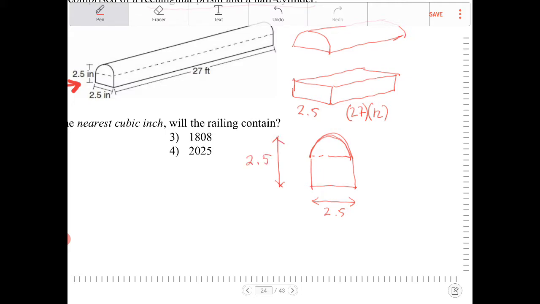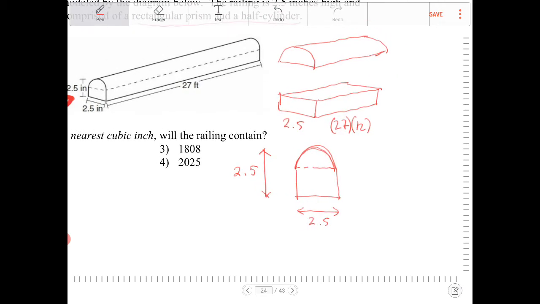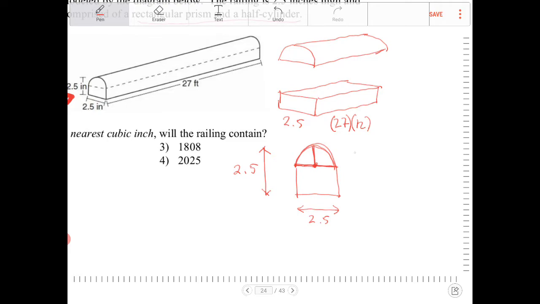Well, if that's the case, I know that the radius is supposed to be half of the diameter, which is being shared with the rectangle below. The radius then must equal half of 2.5, that must be 1.25 inches.